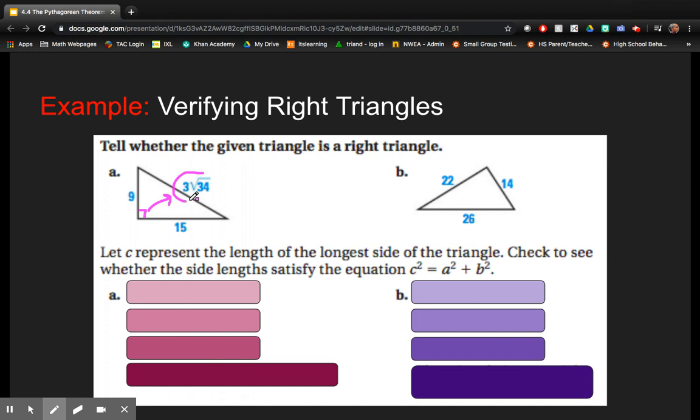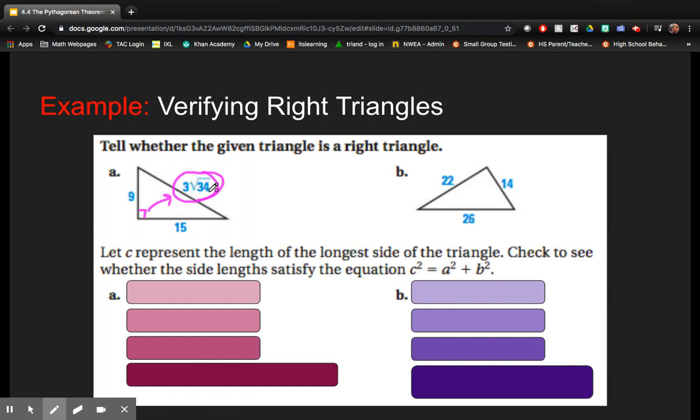In this particular problem, or in any problem, C is always going to be the longest side. So 3 times the square root of 34 is some decimal. And you can use your calculator to determine what that decimal is so you can compare the side lengths.